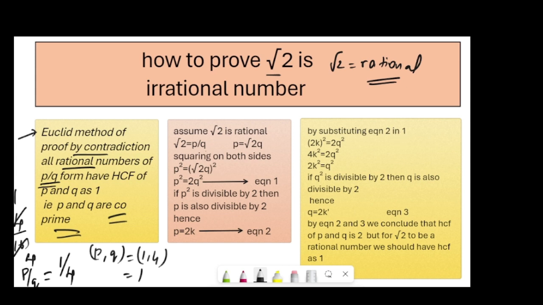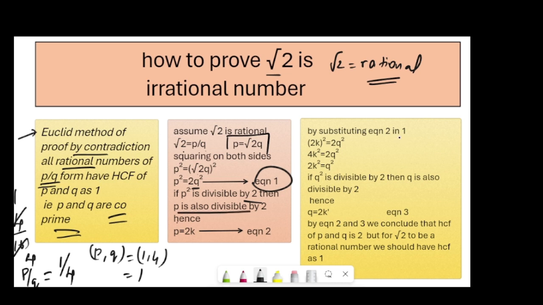When I send q to the other side, I get p by q equals root 2. After squaring both sides, I get p square equals root 2 q whole square, wherein p square equals 2 q square. Let us name this equation 1. If p square is divisible by 2, then can I say p is also divisible by 2?